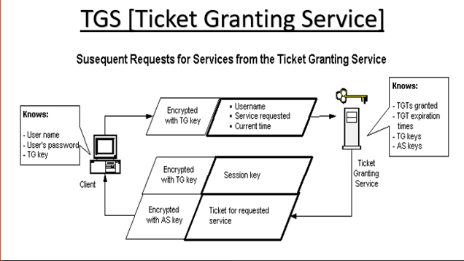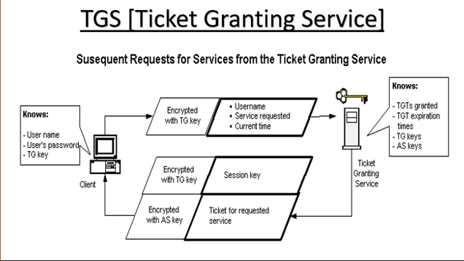The TGS on the KDC authenticates the user's TGT and creates a ticket and session key for both the client and the remote server. This information, known as the service ticket, is then cached locally on the client machine. The TGS receives the client's TGT and reads it using its own key.